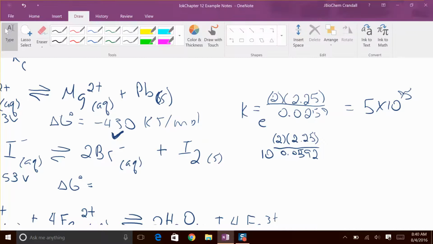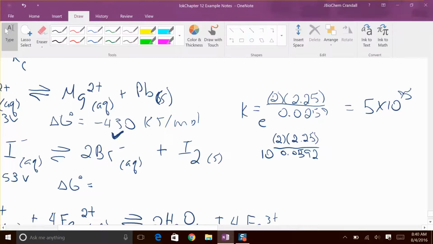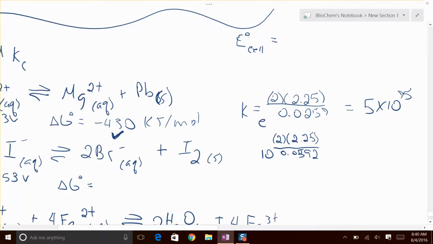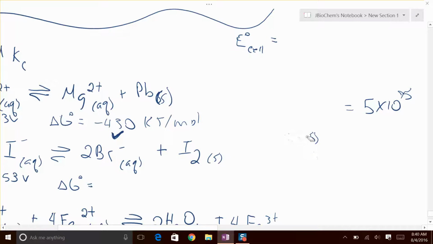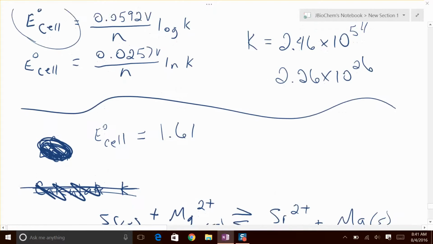Well, when you do 10 to the 75 something and 10 to the 76, it's going to be completely different. So that's why when you use the anti-log, it'll throw everything off. Because I ended up at 2.24 equals 0.0296 log of k. And then I divided 2.24 by 0.0296 and I got 75.676 equals log of k.